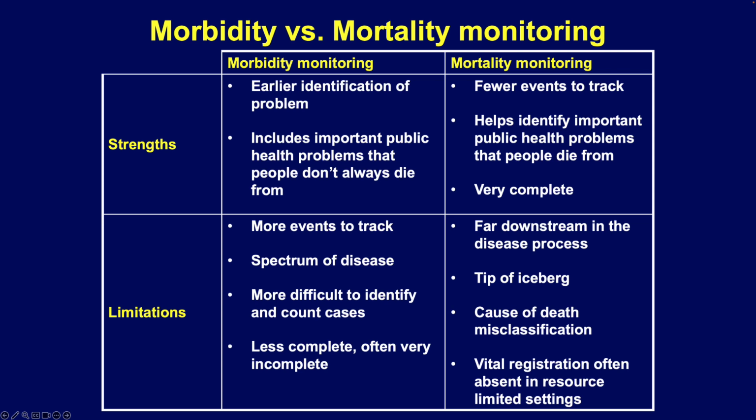A limitation of morbidity monitoring is that it's often harder to monitor than mortality, and there are more events to track, and there may be a spectrum of illness among people with a given condition. For example, thinking about COVID, you have people who are infected, who are asymptomatic. You have people who have mild disease that may or may not seek health care or may not get tested.